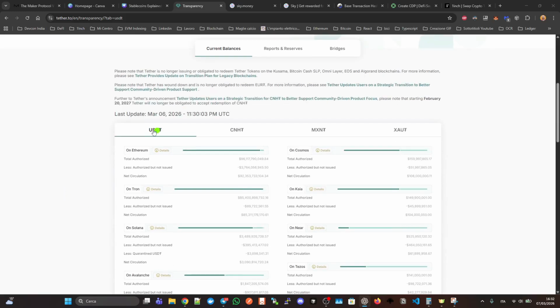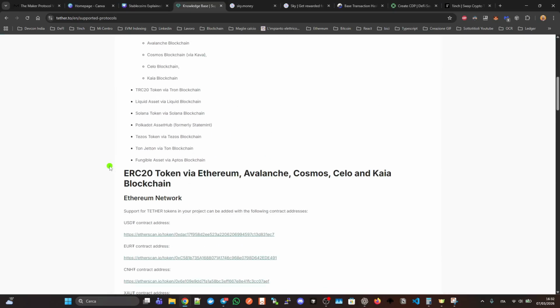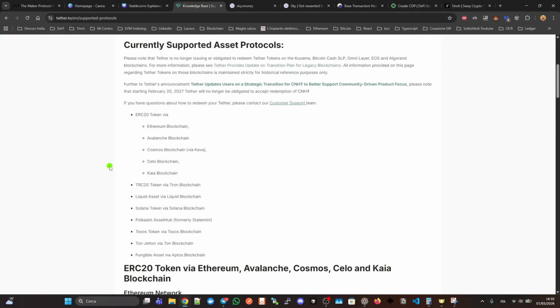Here you can see all the balances. For example, the greater part of USDT, of course, is on Ethereum. Here we can also see the details about all the chains.